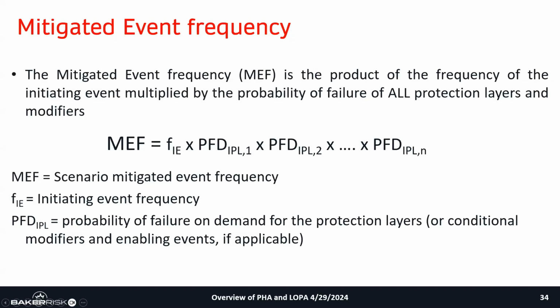And mitigated event frequency is a product of the frequency of the initiating event multiplied by the probability of failure of all protection layers, and also includes any of those enabling modifiers that we discussed. So mitigated event frequency is the overall likelihood that the undesired event is going to happen with all of your safeguards and with any type of enabling modifiers identified.